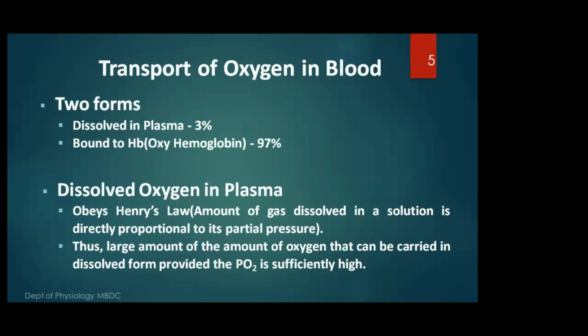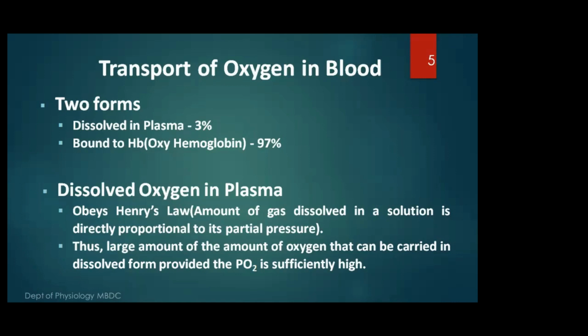Now we'll discuss how the transport of oxygen takes place in the blood. The oxygen is transported in two forms. One is in the dissolved form in the plasma, that is 3%, and the next one is bound with the hemoglobin, in the form of oxyhemoglobin, for 97%.